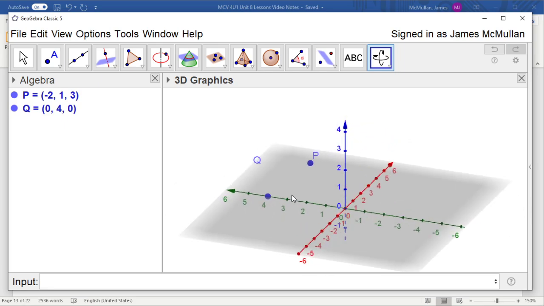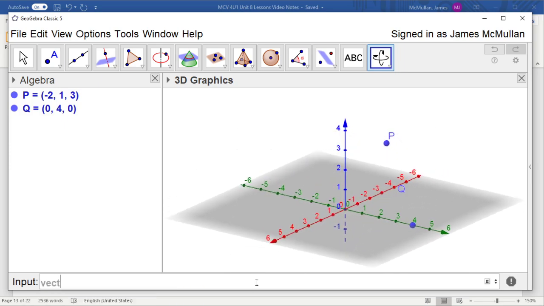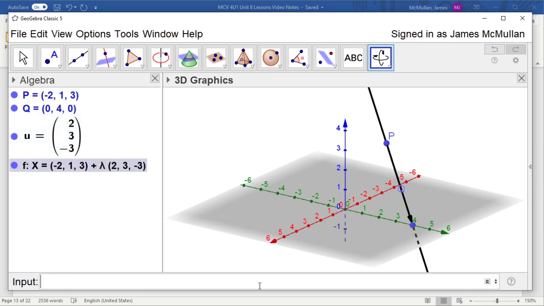Now again, making a line here is not difficult. All you've got to do is take vector P to Q, or vector Q to P, it doesn't matter, and then make a line with either point and that vector. So (-2, 1, 3), or the other point, plus the direction vector.